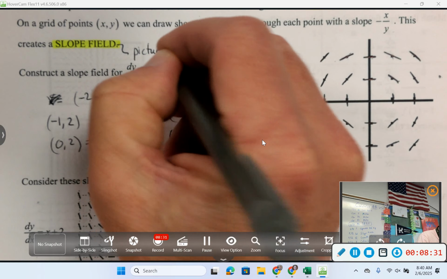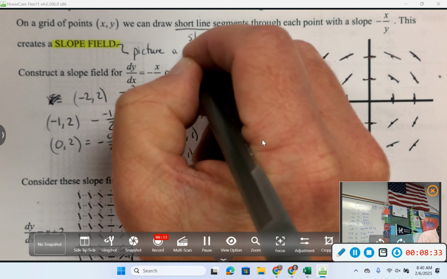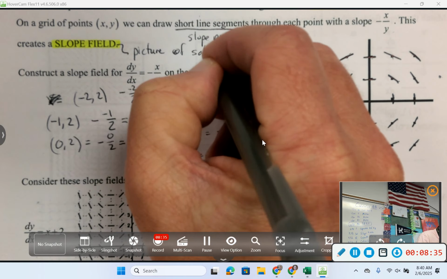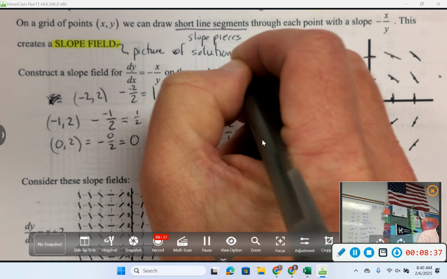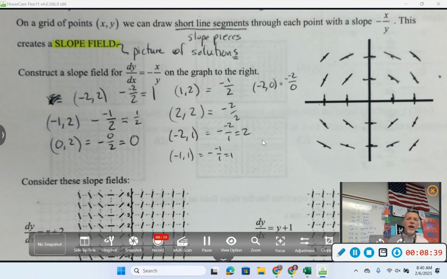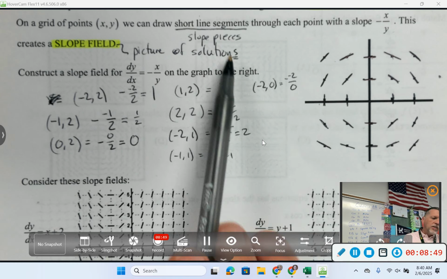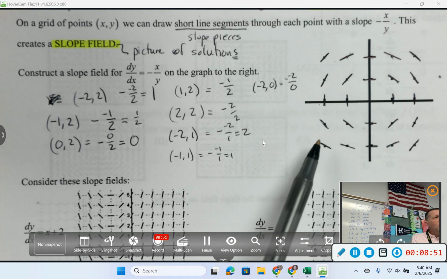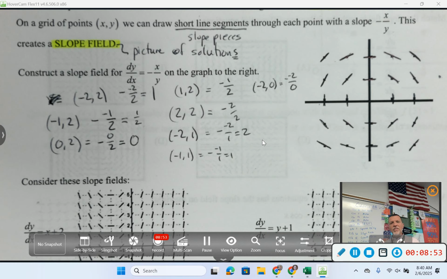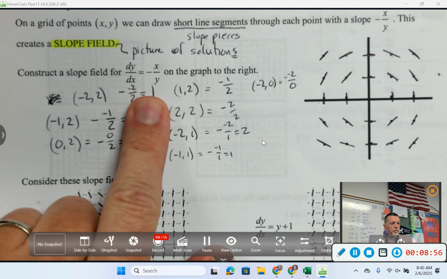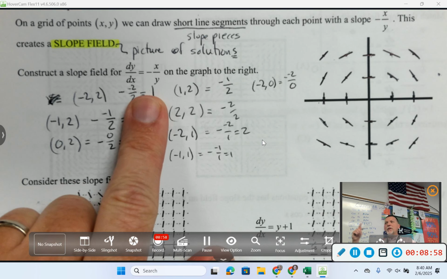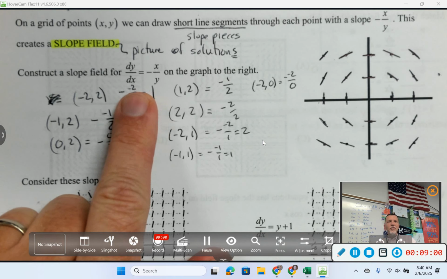A slope field gives us a picture of, I should say, solutions, plural, because we don't know what the radius is yet, but we can tell by looking that it's a circle. We don't know if the radius is 5 or 1 or 700, but the picture suggests the answer is a circle.